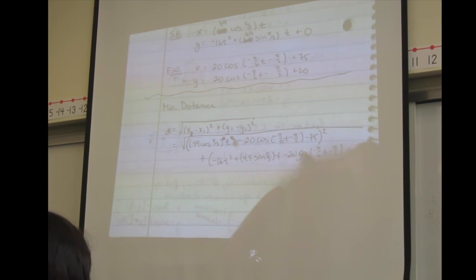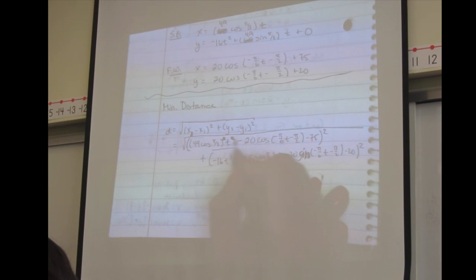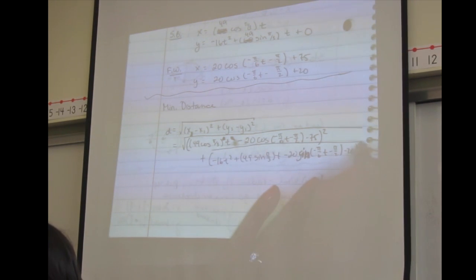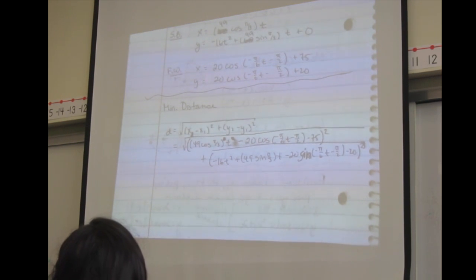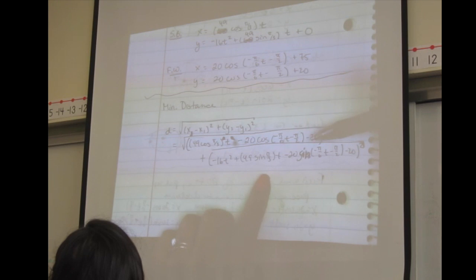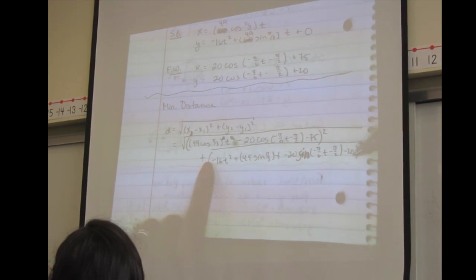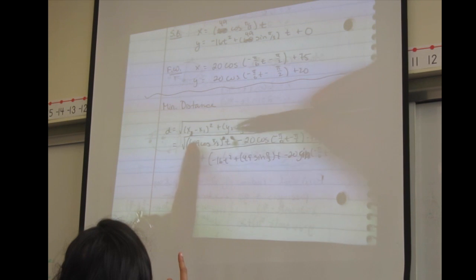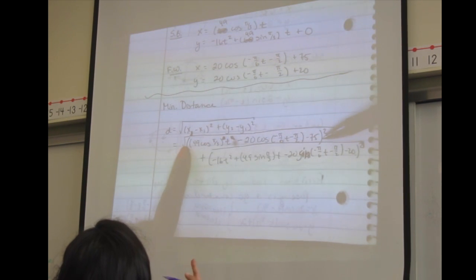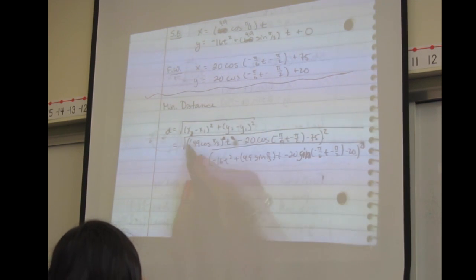Where does the root end? At the very end, the whole thing.